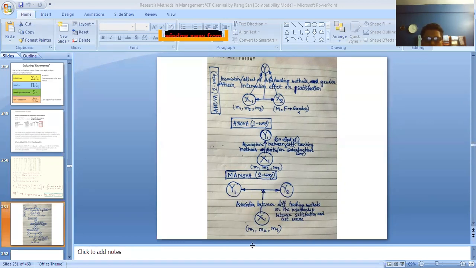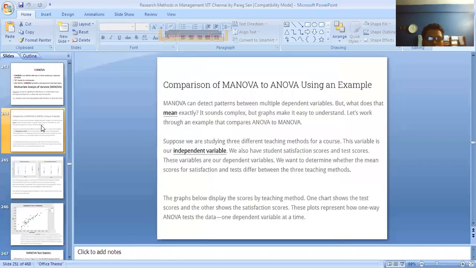So this is what you can see in this case of two-way MANOVA. Let's take a look at an example. The idea will be clear.